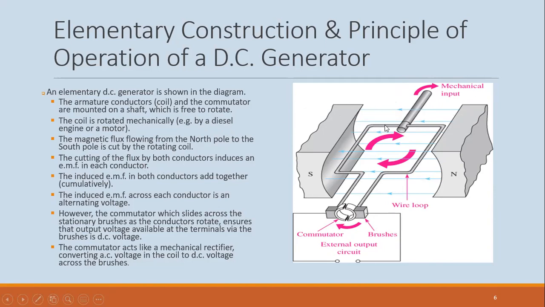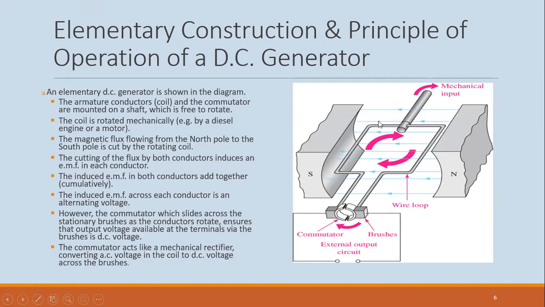All right, now this conductor, which is not carrying any current, is going to be rotated in the magnetic field. And as it rotates in the magnetic field, we have the conductor cutting the flux, and as the conductor cuts the flux, you would remember that we have an induced EMF across each conductor.